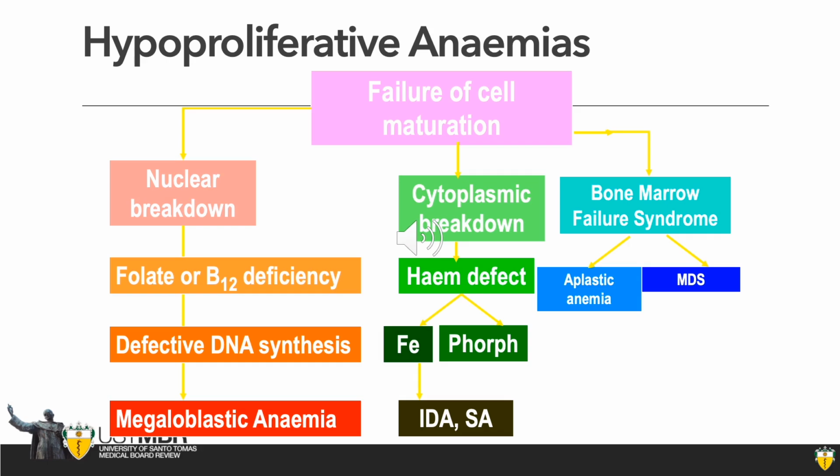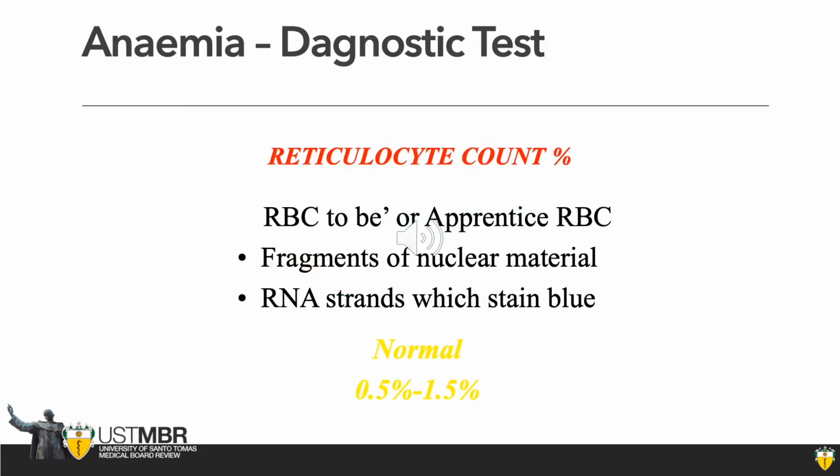This may be due to folate or B12 deficiency, because we know that they are important in DNA synthesis. Then we have the cytoplasmic breakdown disorders, which is due to a defect in the heme, like iron deficiency anemia and or sideroblastic anemia. And then we have the bone marrow failure syndromes such as aplastic anemia and myelodysplastic syndrome.